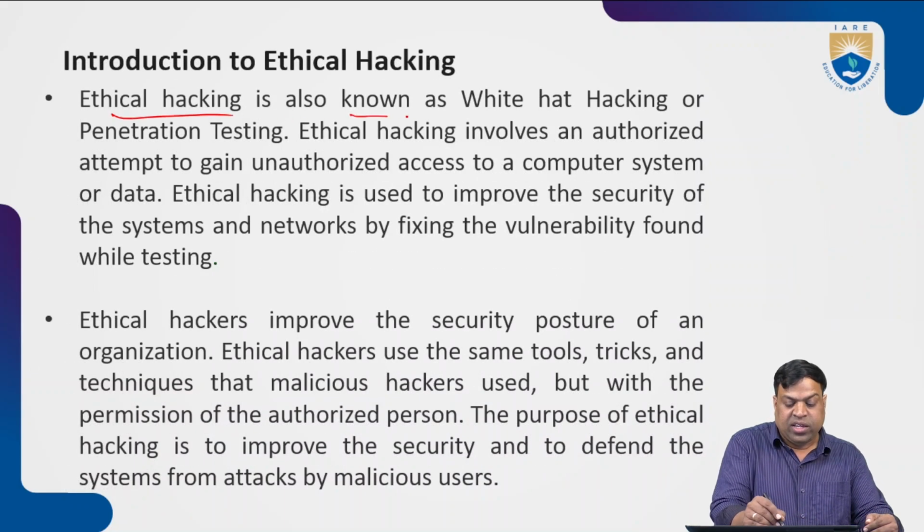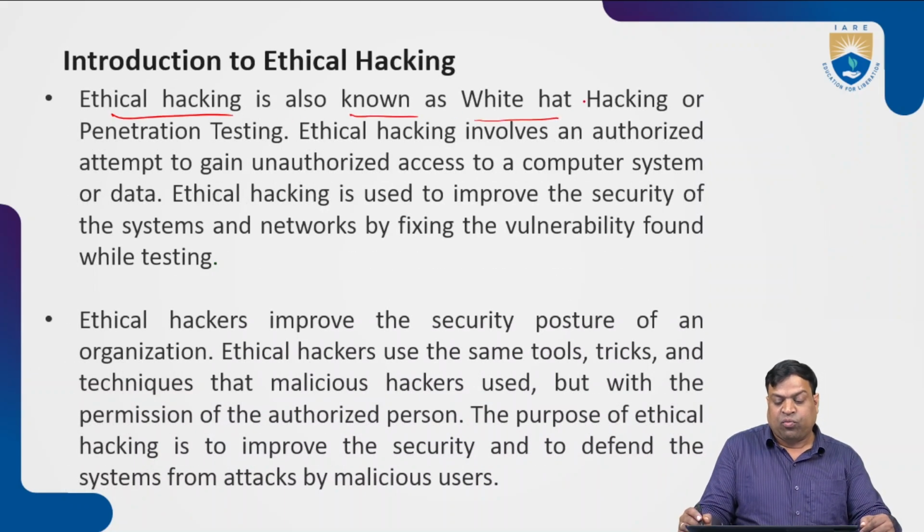Ethical hacking is also known as white hat hacking. There are so many types of hacking: white hat hacking, black hat hacking, and grey hat hacking. Here, white hat hacking is nothing but an ethical hacker.